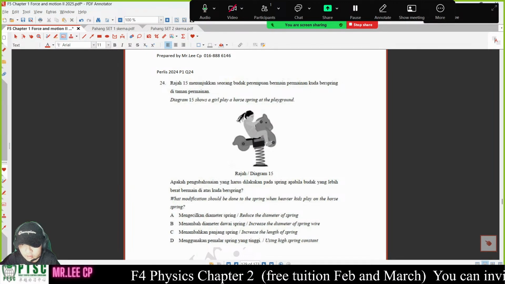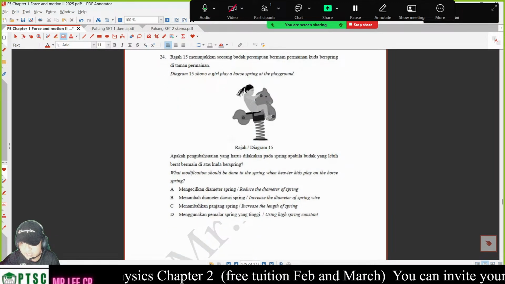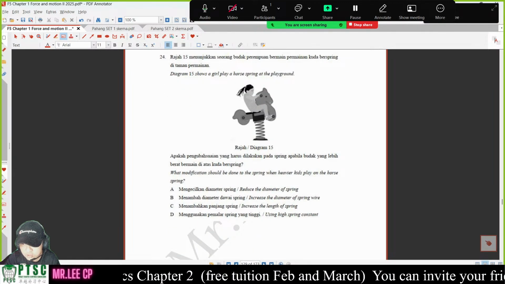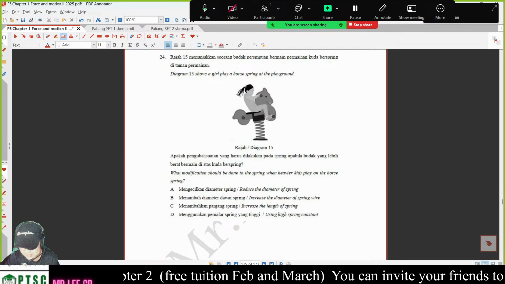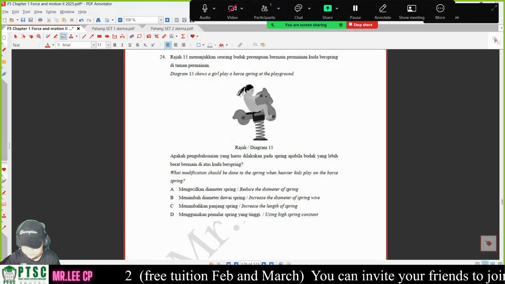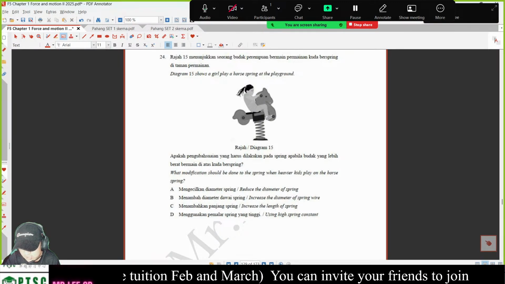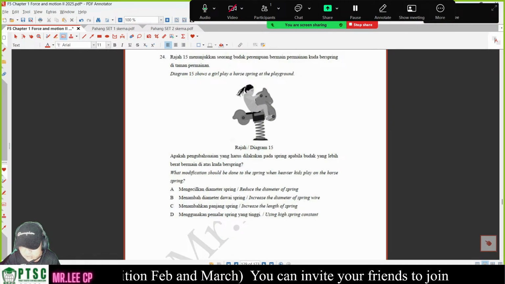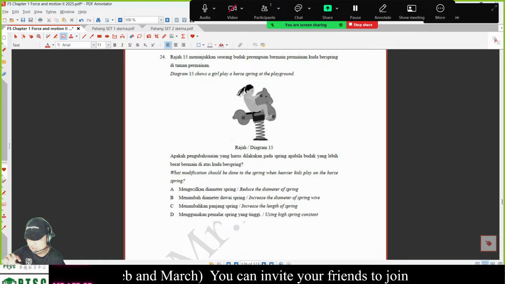Diagram 15 shows a girl playing on a horse spring at the playground. What modification can be done to the spring when a heavier kid plays on the horse spring? Heavier means the load is higher.